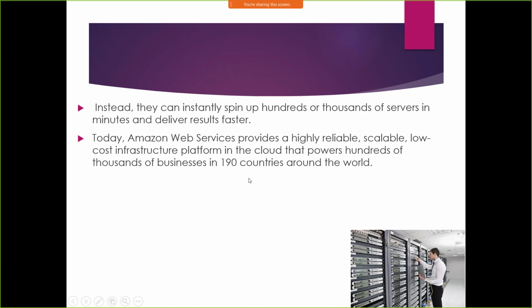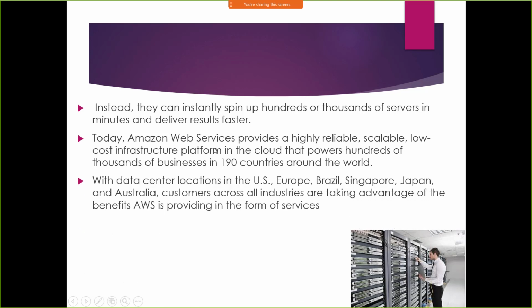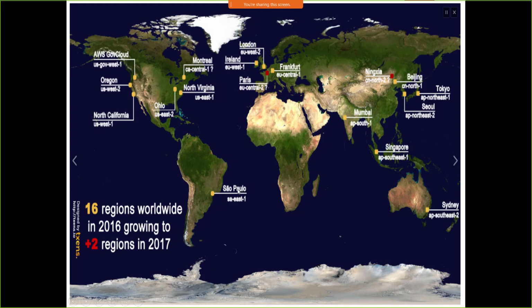Now you can just create 200 machines in a few seconds and start doing business, right? AWS is still planning to expand in the US, Europe, Brazil, Singapore, Japan, and Australia. If we go ahead, there are 16 regions, and then there are availability zones in the regions.